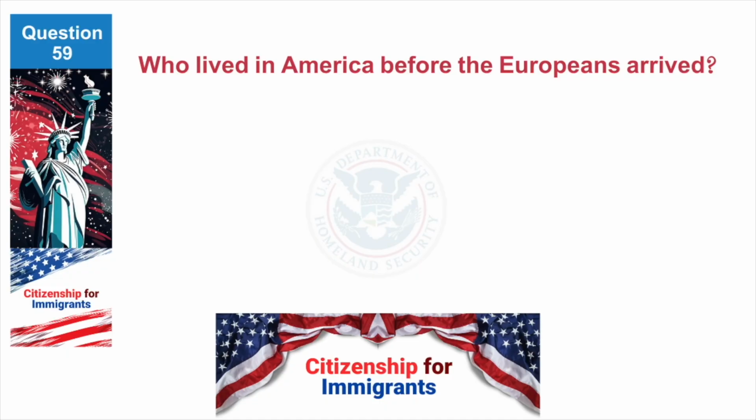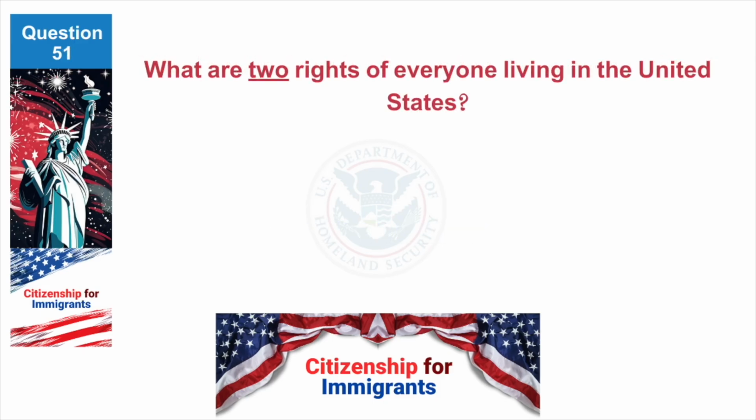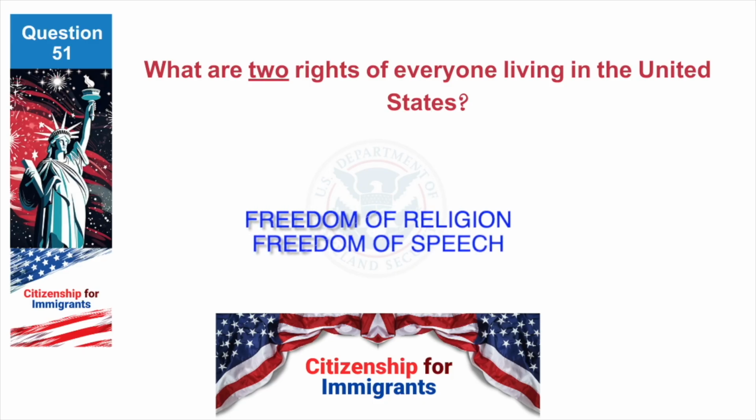Who lived in America before the Europeans arrived? American Indians. What are two rights of everyone living in the United States? Freedom of religion. Freedom of speech.